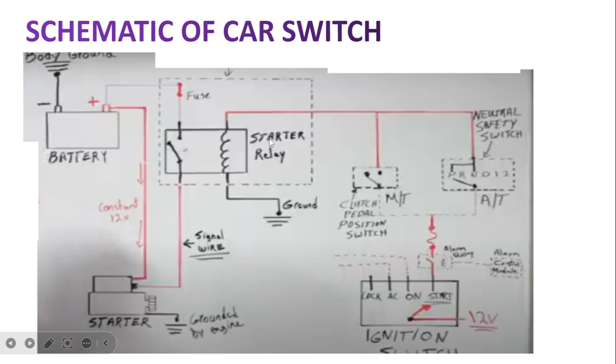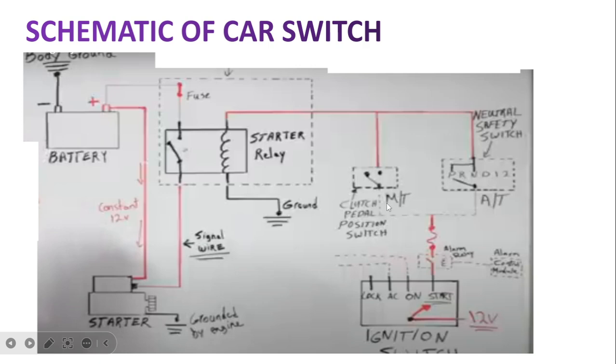And then it is connected to the starter relay. It means when I switch on the engine, only then is the starter started. Here you can see the clutch pedal position.